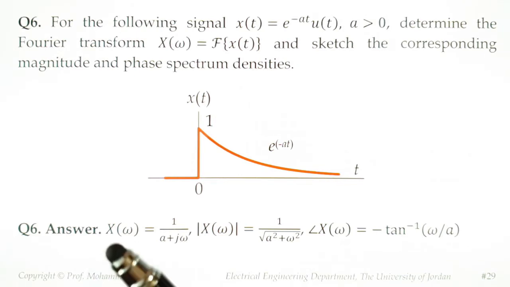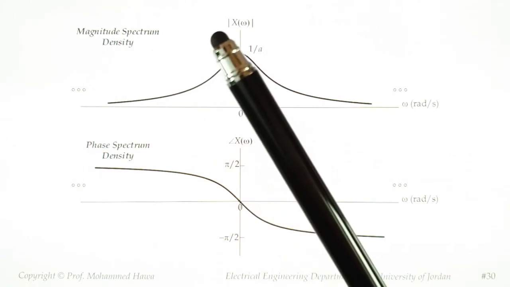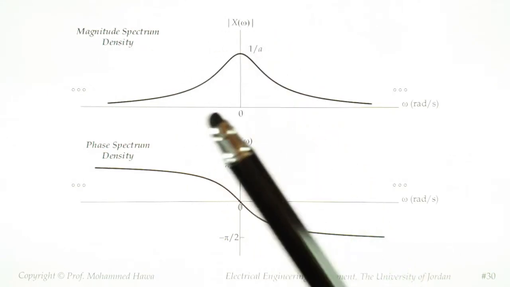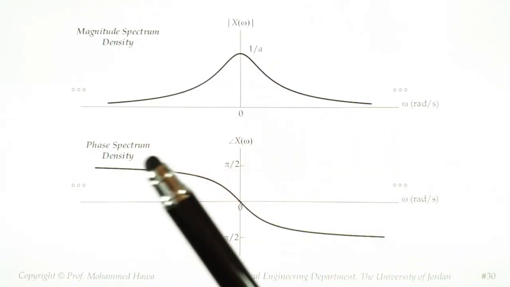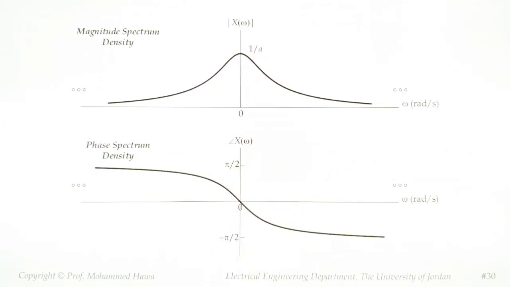The correct answer is X of omega equals 1 over a plus j omega, for which you can calculate the magnitude and the phase and draw the magnitude spectrum density, absolute value of X of omega, which looks like this, and the phase spectrum density, angle of X of omega, which looks like this. Notice that the magnitude spectrum density has even symmetry, while the phase spectrum density has odd symmetry because x of t is a real valued signal.